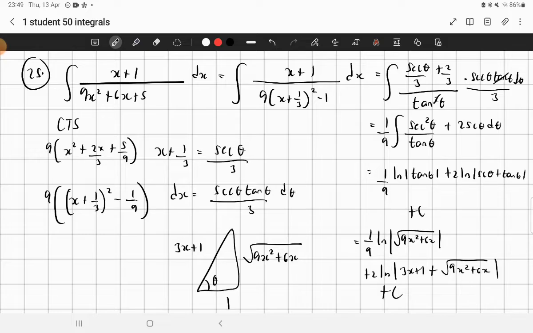Let me compare with my answer. So my answer is 1 over 9 ln the square root of 9x squared plus 6x, plus 2 ln of 3x plus 1 plus the square root of 9x squared plus 6x.